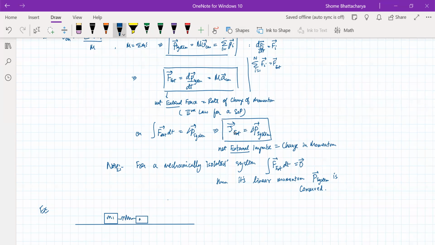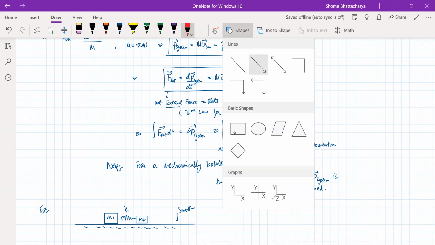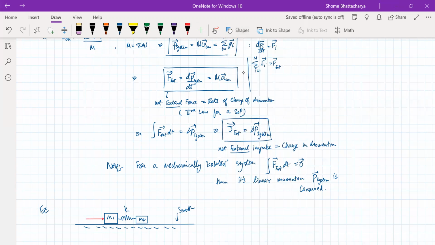So we have two blocks, masses M1 and M2, connected by an ideal spring on a smooth surface. Now initially, let's say we are applying two external, equal and opposite forces to keep the spring in a compressed state and the blocks at rest.